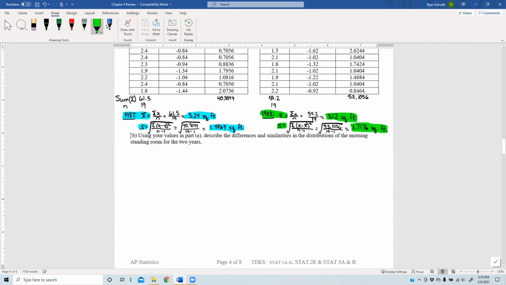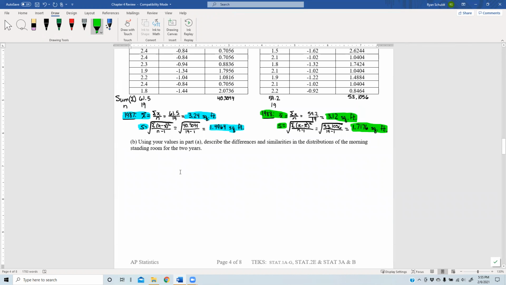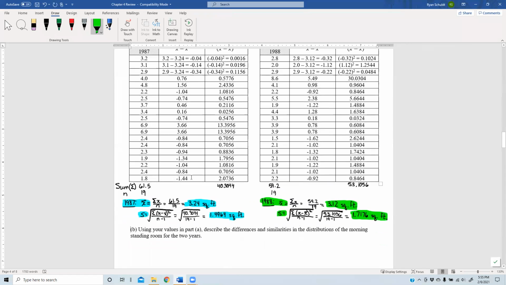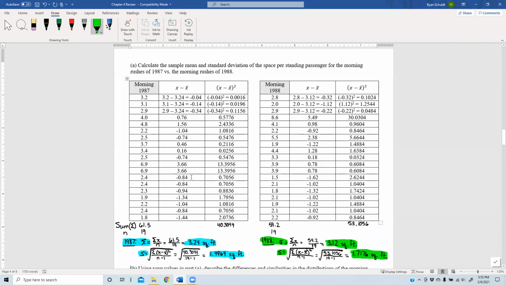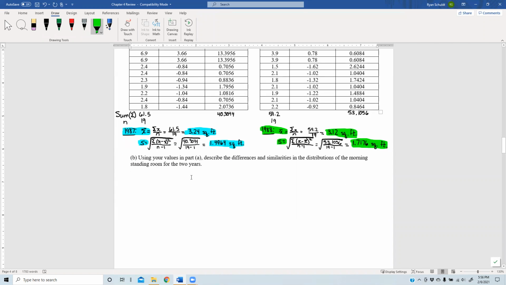So now part B asks us to use our values in part A to describe the differences and similarities in the distributions of the morning standing room for the 2 years. Okay, well, let's see. Differences and similarities. Well, if we look at the square footage, they're pretty similar.